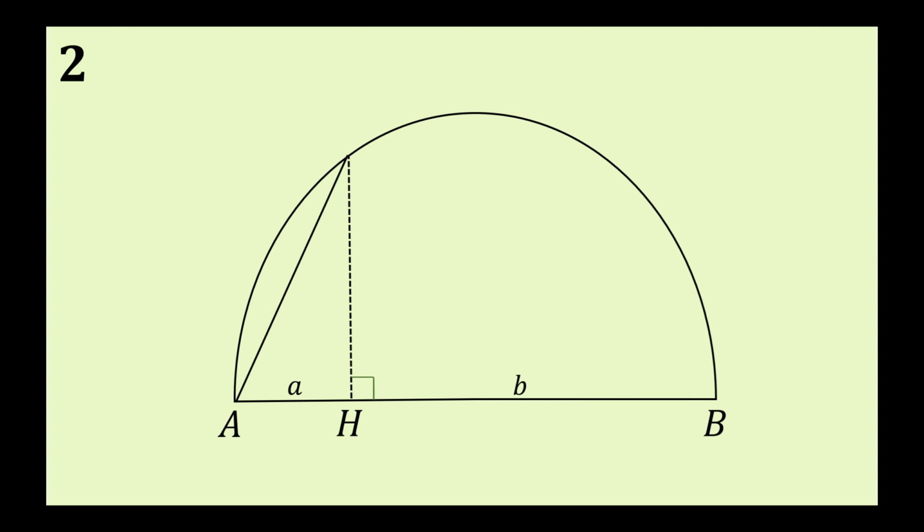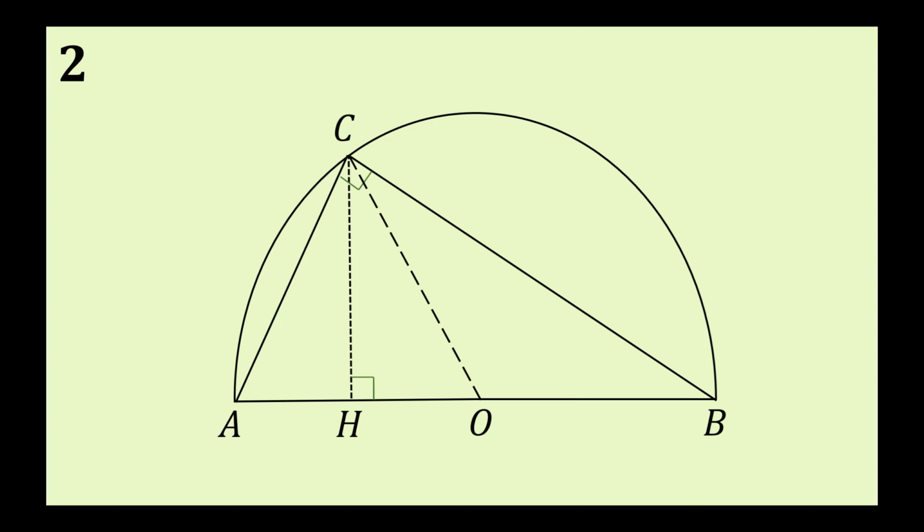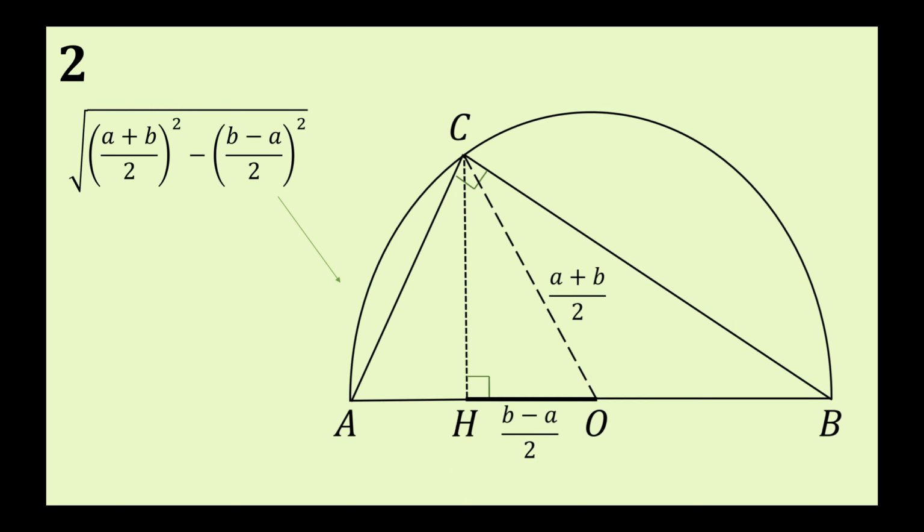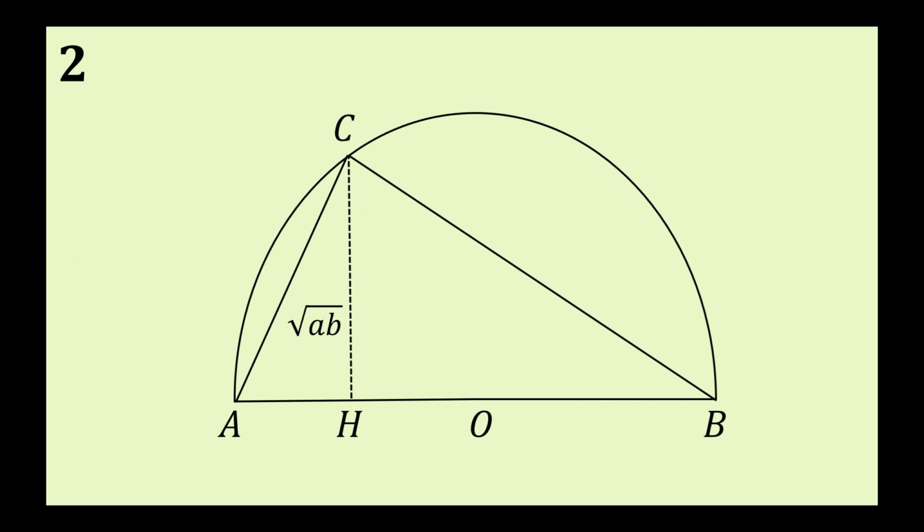It meets the semicircle at C. We connect the points C and O together to compare the lengths of line segments CH and CO. The length of CO is (a plus b) divided by 2, because it is the radius of the semicircle. The length of HO is the length of AO minus the length of AH, so it is (b minus a) divided by 2. Using Pythagoras' theorem, the length of CH equals root ab. CO equals (a plus b) divided by 2.